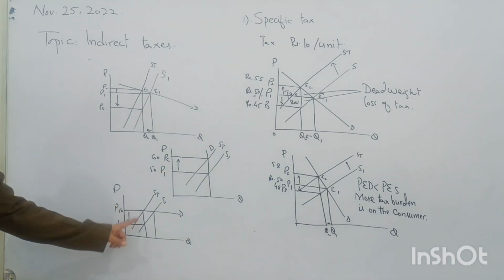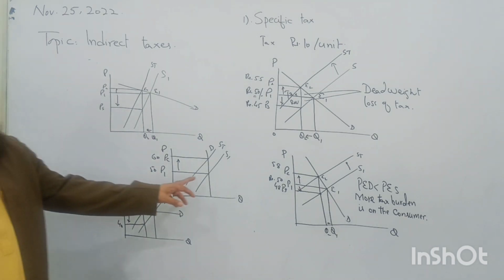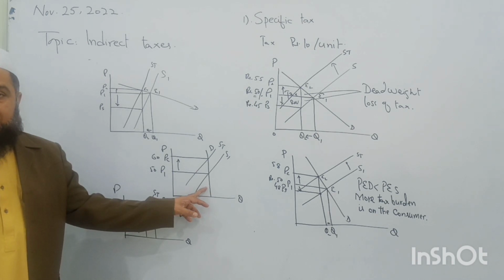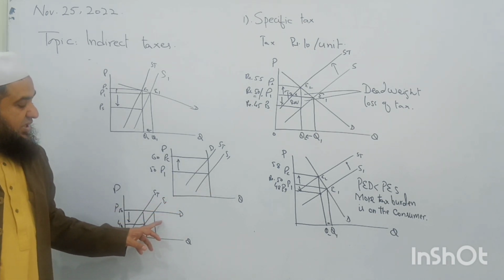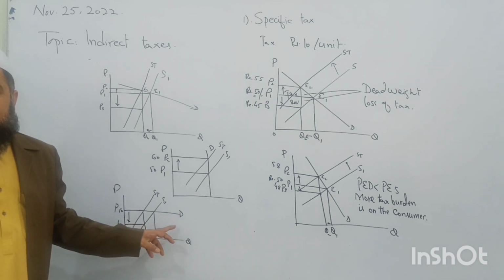Now all the tax will be borne by the sellers because consumers are highly price sensitive. If the price is slightly increased, they will buy zero units. Clear? In this case, the consumers are bearing no burden because demand is perfectly elastic.